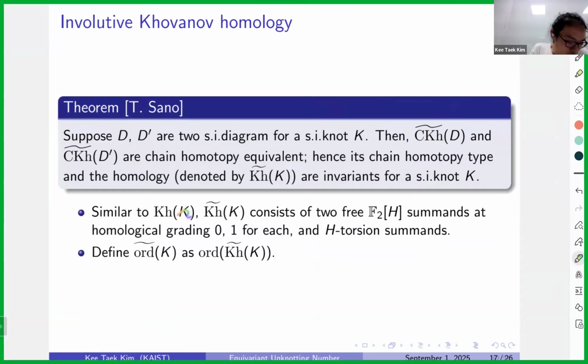Similar to Khovanov homology, the involutive Khovanov homology consists of two free parts at homological gradings 0 and 1, and other parts are Z torsion parts. So let's define the equivariant torsion order as the torsion order of the involutive Khovanov homology.